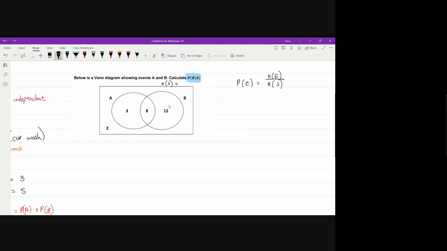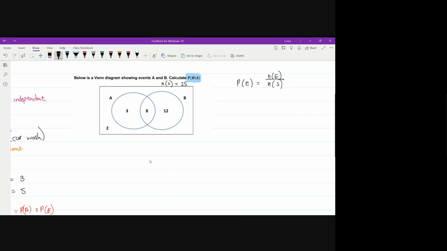Somebody add up for me and give us the sample size. 23. Not 23, you missed it by just a little bit. 25. 25, there it is. Good. Don't forget this little 2 sitting on the outside. It's also part of that. All right. So our sample size is 25.